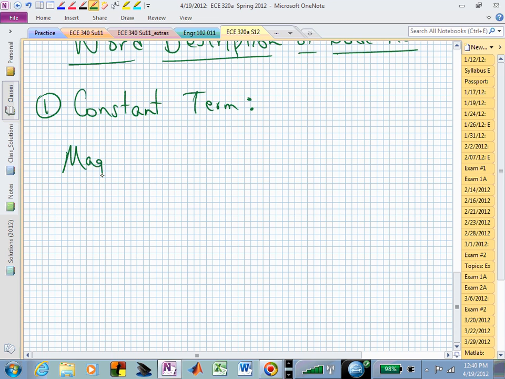The magnitude of the constant term is simply 20 times the log base 10 of 10. Log of 10 base 10 is 1. That particular gain factor simply will adjust all the remaining pieces up by 20 dB at all frequencies, and I might just say 20 dB for all omega.